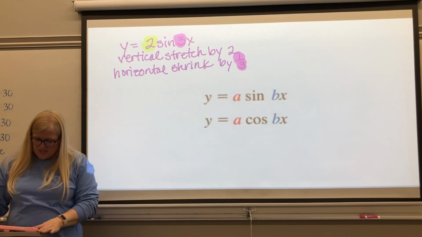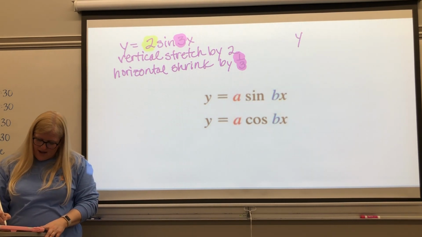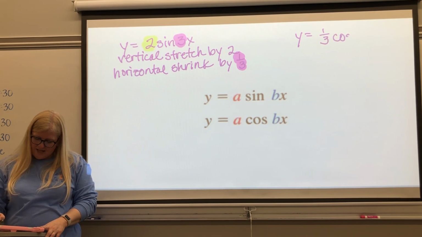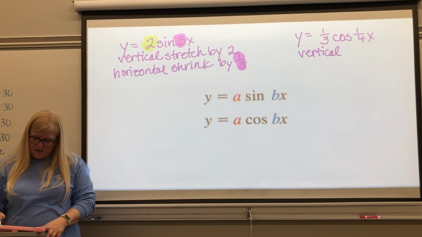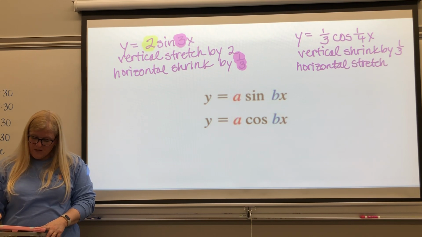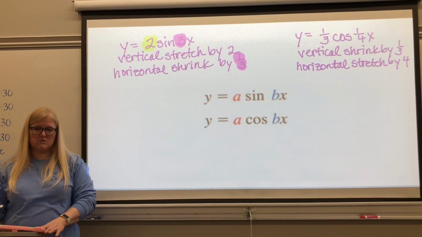Okay, so let's look at another example. Let's say I have y equals 1/3 cosine of 1/4 x. This would be a vertical shrink by 1/3 and a horizontal stretch by 4, okay?